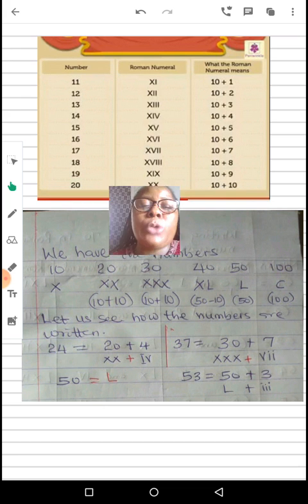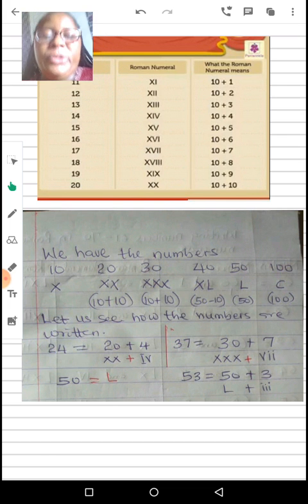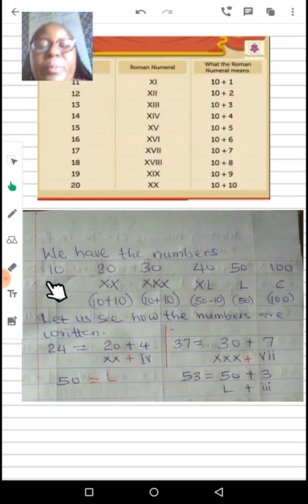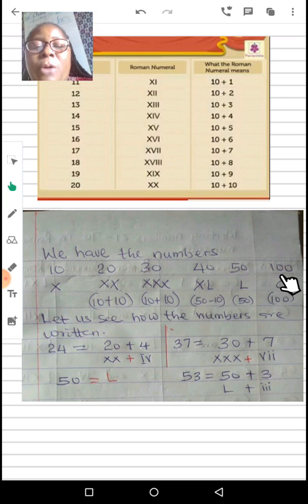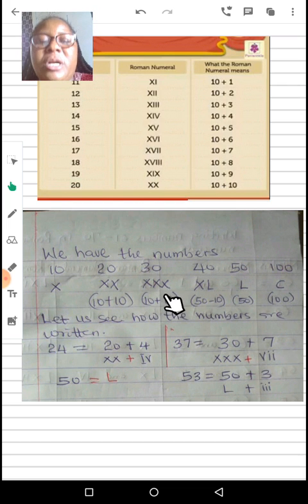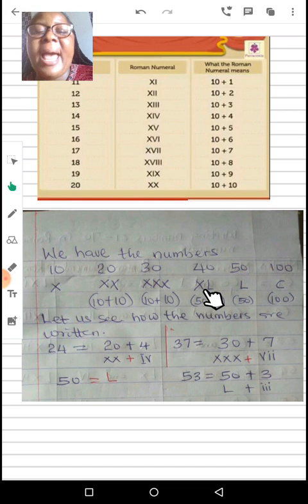So let's go to bigger numbers. There is a method we want to use. We have the numbers 30, 40, 50, and 100. We say 10 is X, and 20 is XX, and 30 is XXX, and 40 is XL.